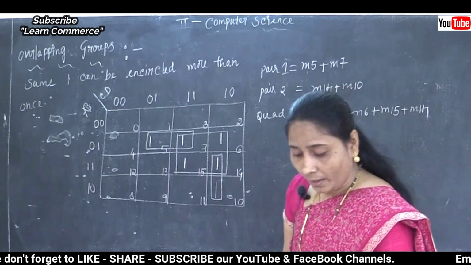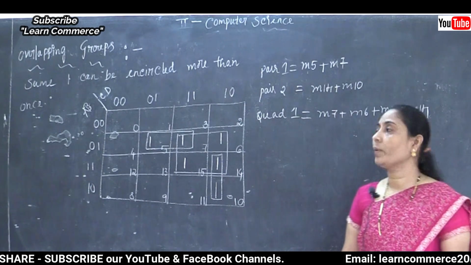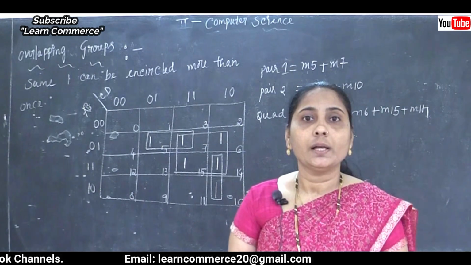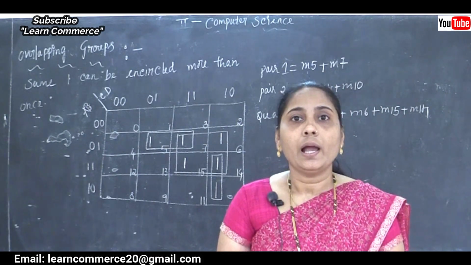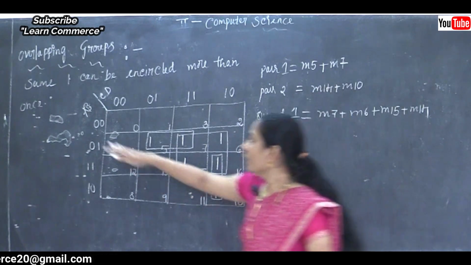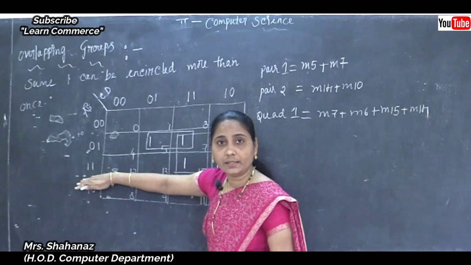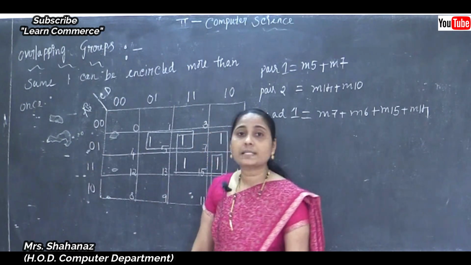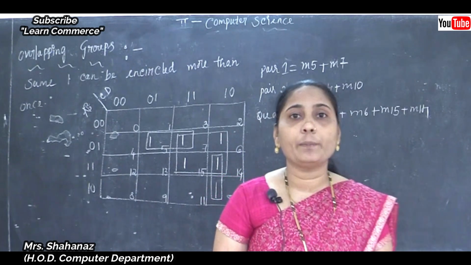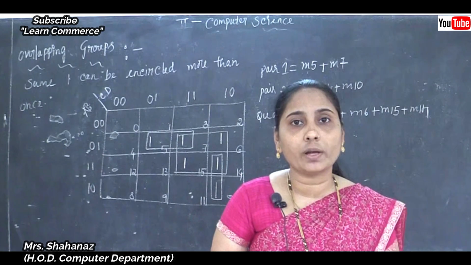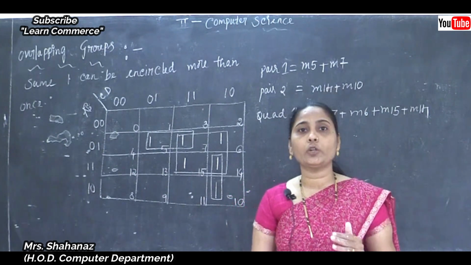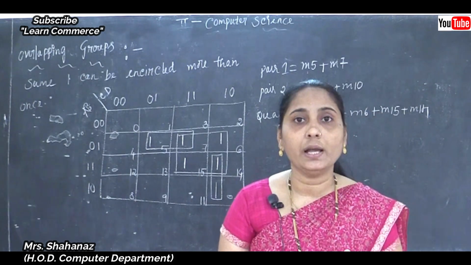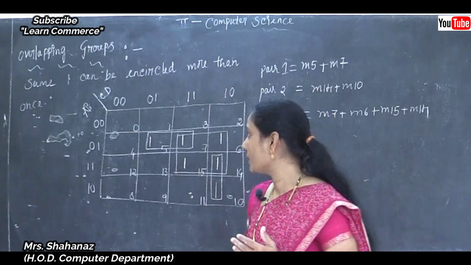So I want to use one example for the overlapping group, and in this example first I want to take 4 variables, named A, B, C, D. AB is on the left side, and CD variables at the top, and the binary numbers are 00, 01, 11, 10, and at the top of the K-map the same gray code 00, 01, 11, 10.